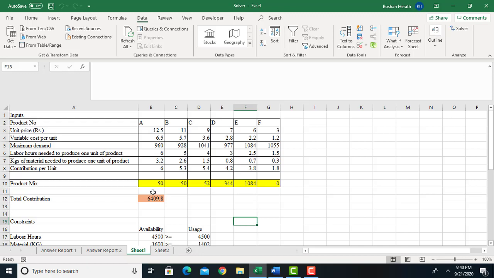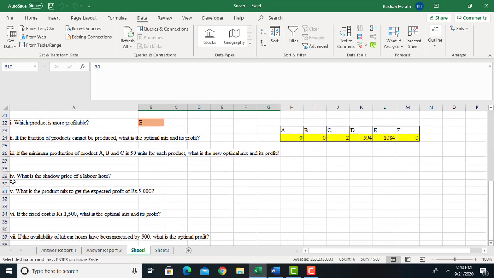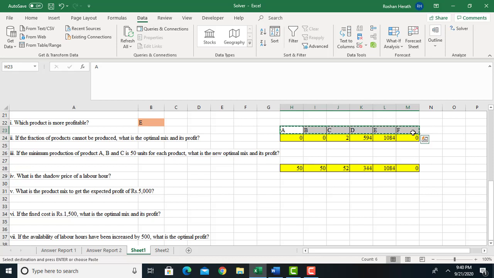Now we can take this answer for a question. The question asks you, the minimum production is A, B and C is 50 units. What is the new optimal mix? So this is an optimal mix for each of the products. That is a combination. Then it asks, what is the shadow price of a labor hour?